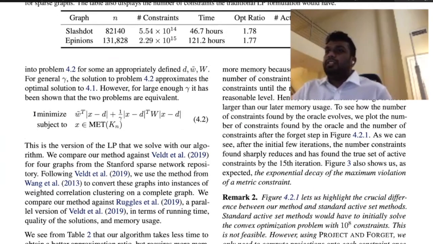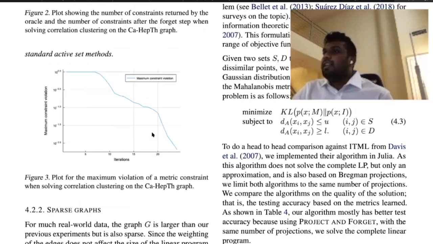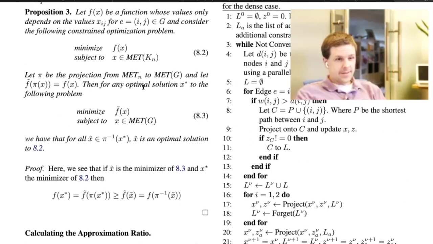So this is what the problem becomes in the dense case. If you do the same reduction for the sparse version, your objective will not have any of the terms for the distances that you don't have. So your D only has things to do with the edges you do have, and your W, if I remember correctly, is 0 for the edges you don't have. So instead of saying that X has to belong to the metric polytope on the complete graph, we say that X has to belong to the metric polytope on just this graph.